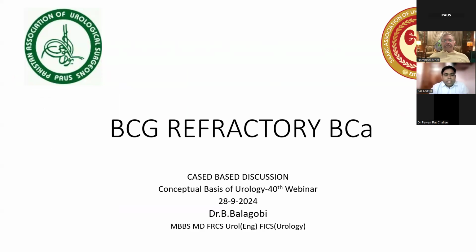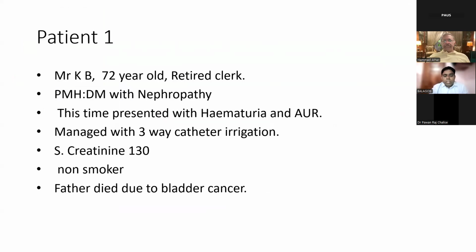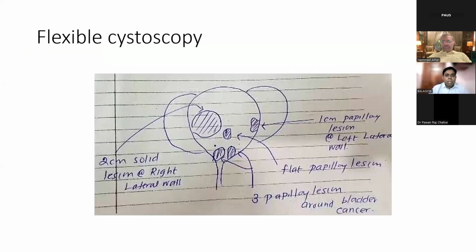And I'm going to discuss a case scenario of BCG refractory bladder cancer. So this patient, Mr. K, 72 years old, retired clerk, diabetic with impaired renal function, presented with hematuria and acute retention, which was managed with catheter irrigation. Surprisingly, he's a non-smoker, but his father had bladder cancer.